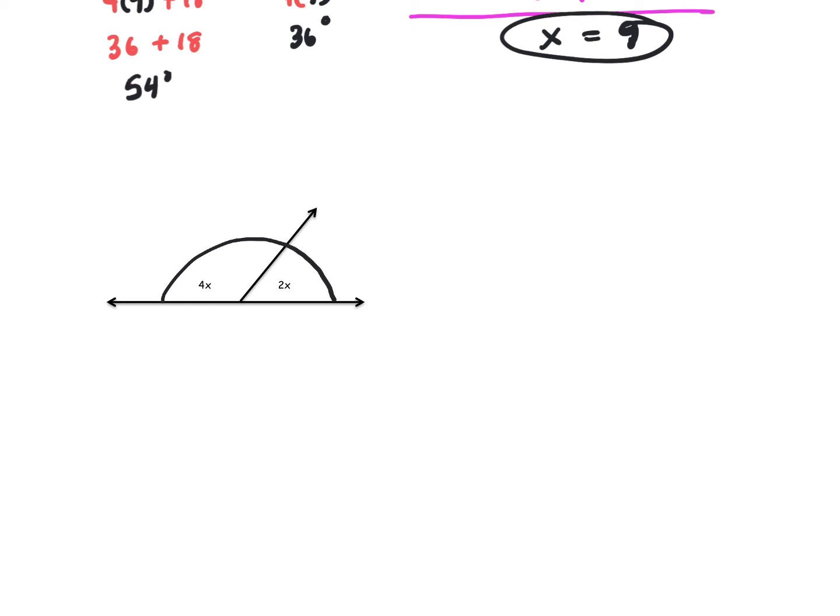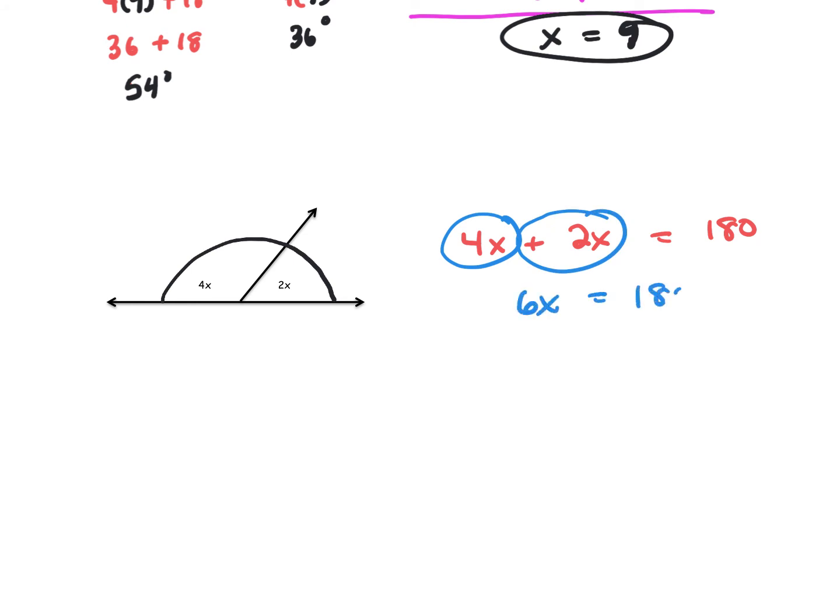What we're given is 4x, and the second angle is 2x, and together they equal 180 degrees. So this one's pretty straightforward. We just combine these two like terms to get 6x equals 180. We do not have a constant to eliminate. We just solve directly by dividing, and x equals 30.